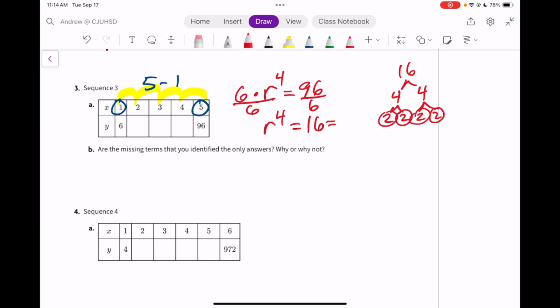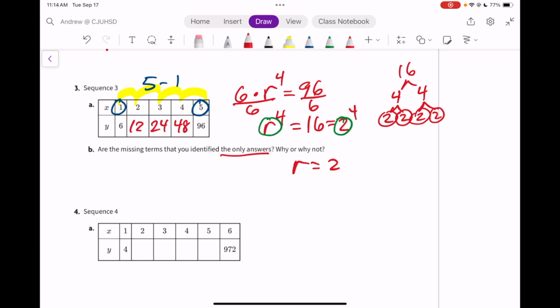So 16 is 2 to the 4th. R then must be 2. And if R is 2, then this is 12, and this is 24, and this is 48, and then 96.